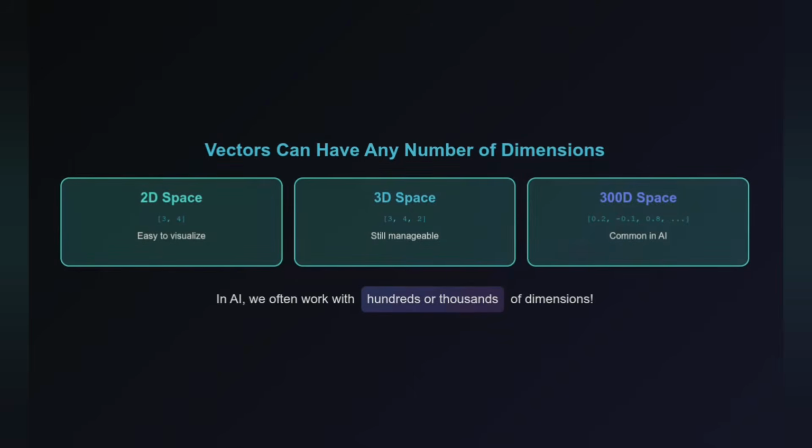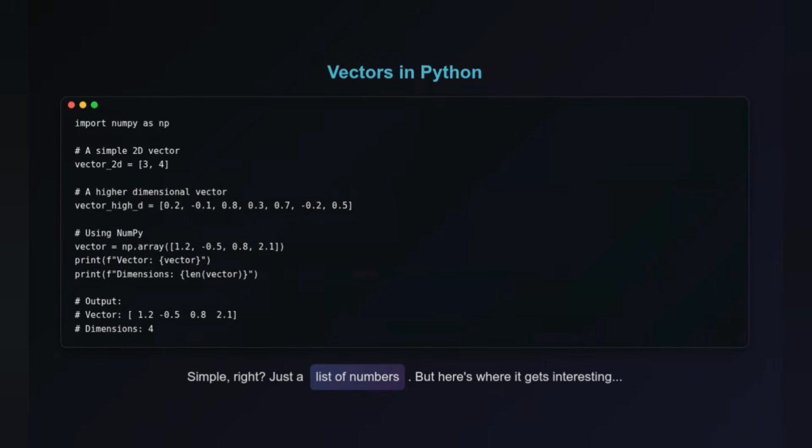While we can easily visualize 2D and 3D vectors, in AI, we often work with vectors that have hundreds or thousands of dimensions. A 300-dimensional vector would be a list of 300 numbers. Here's what a simple vector looks like in Python. Simple, right? Just a list of numbers.